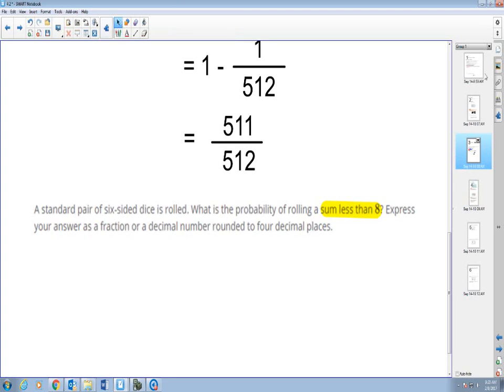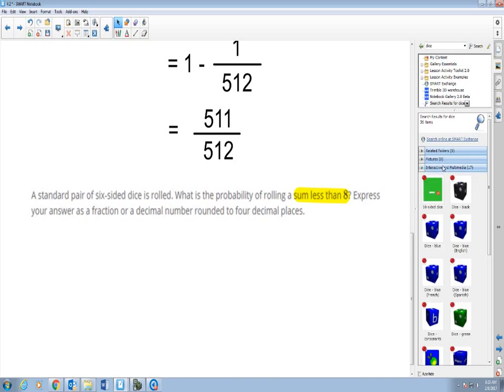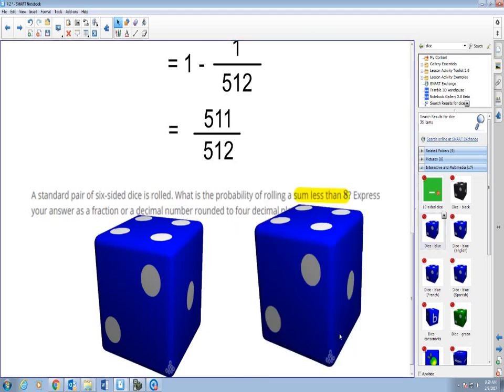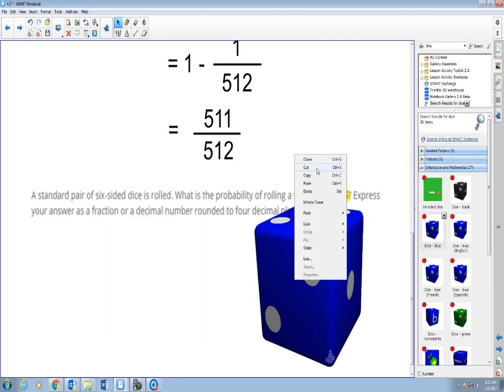If I roll 2 dice, the minimum sum is rolling a 1 and a 1, so the minimum sum is 2. The highest I can roll on each die is 6, so if I add up the sum, that would be 12.